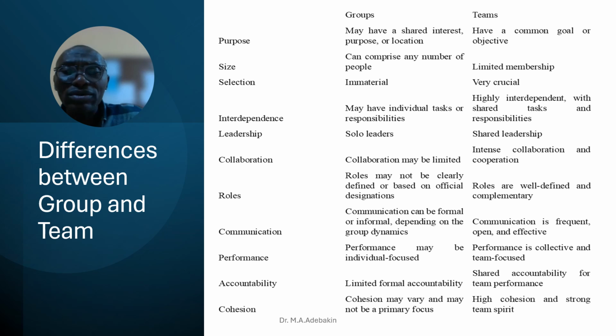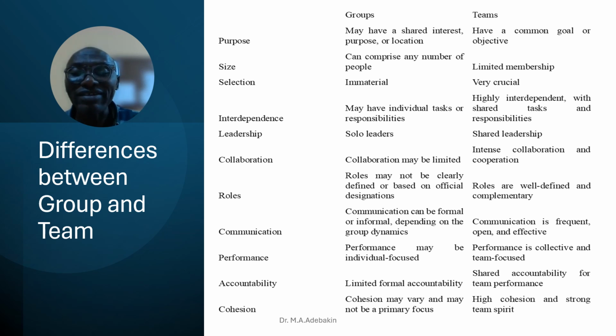Then you also have to identify the differences between the two of them. Apart from the fact that teams are groups and groups are not teams, there are sharp differences between the two of them. For instance, in terms of purpose, a group may have a shared interest, purpose, or location, whereas teams have a common goal or objective.